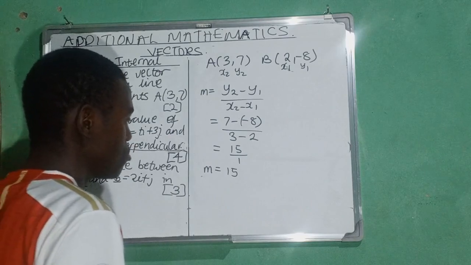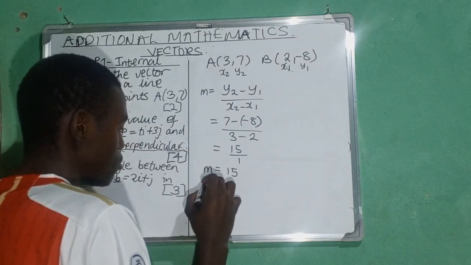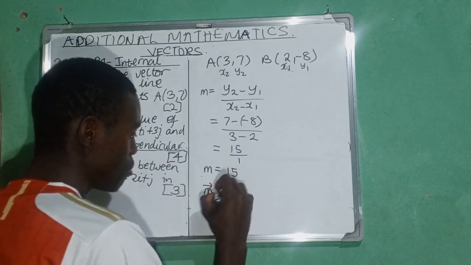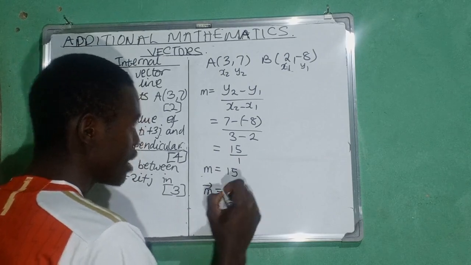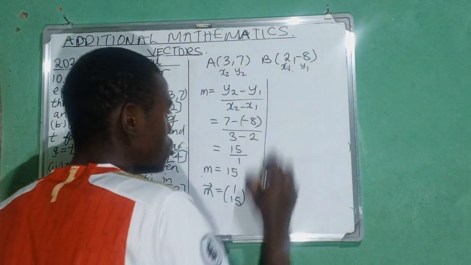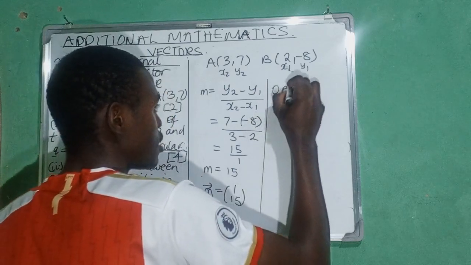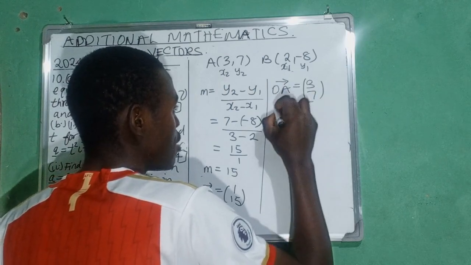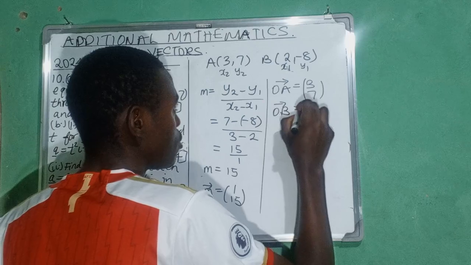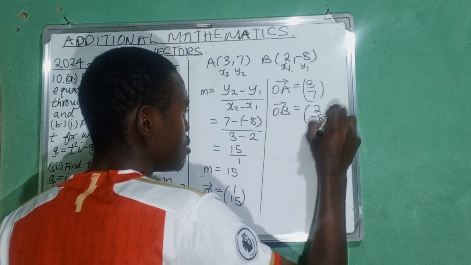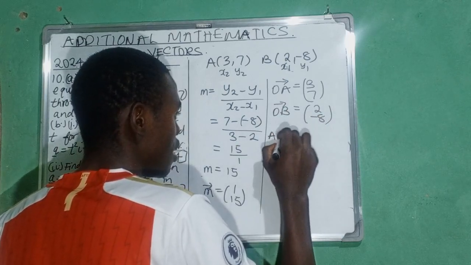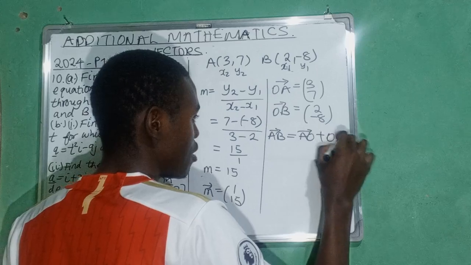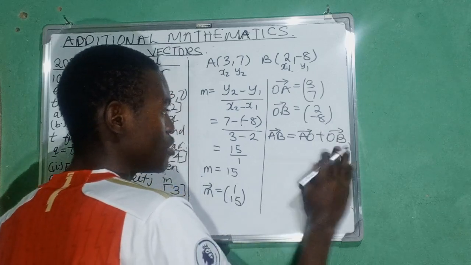Then to continue, we'll say the direction vector, because that's what we want, direction vector m is equal to (1, 15). Then method 2 is where you use them as position vectors. OA will be (3, 7) and OB would be (2, negative 8). The resultant vector AB would be equal to AO plus OB. That's how we always move with position vectors.